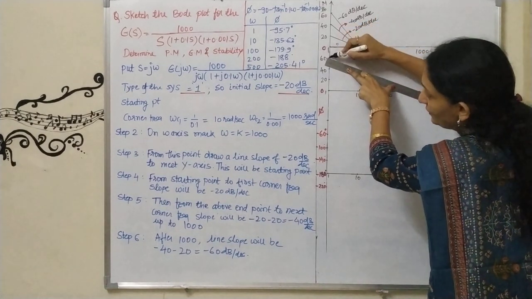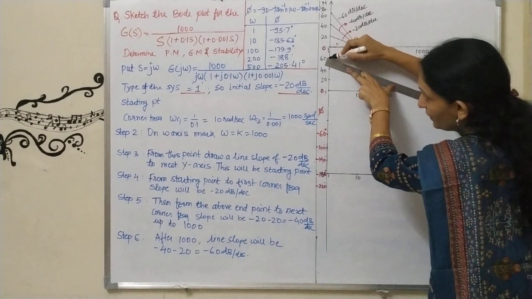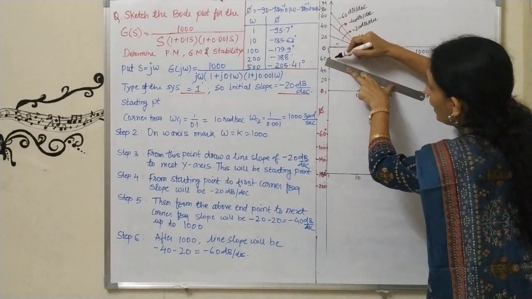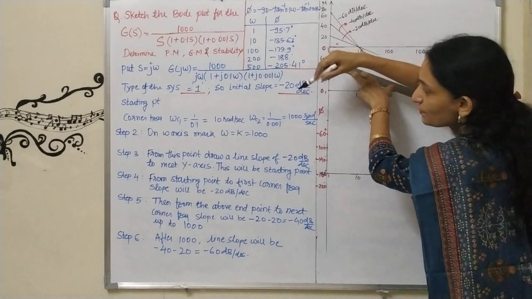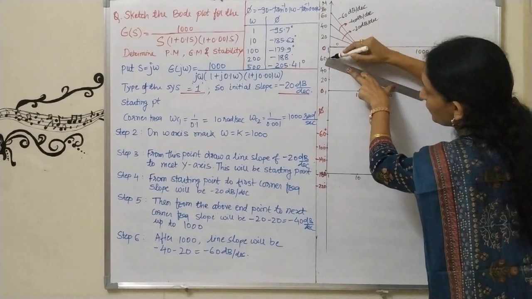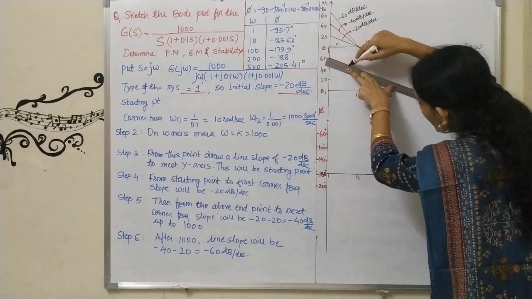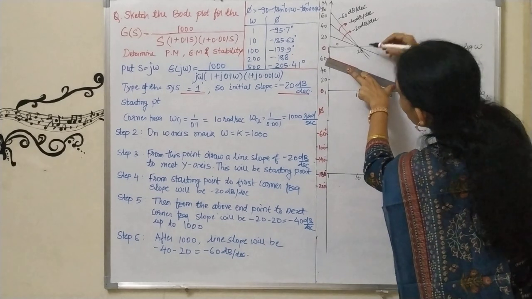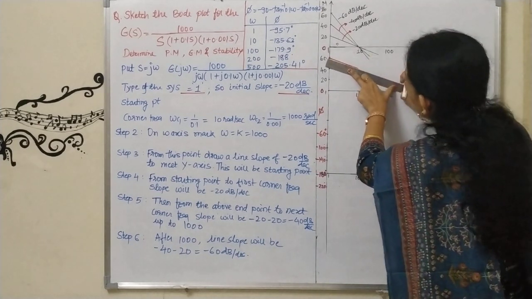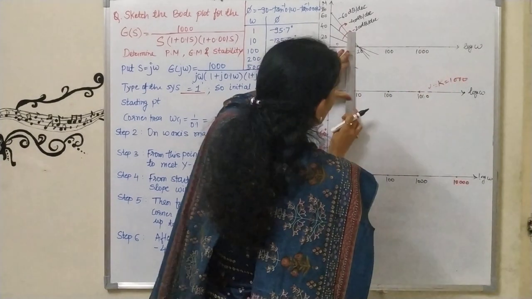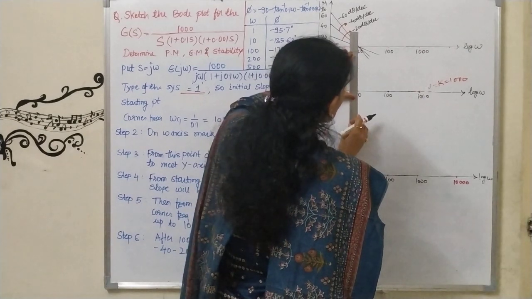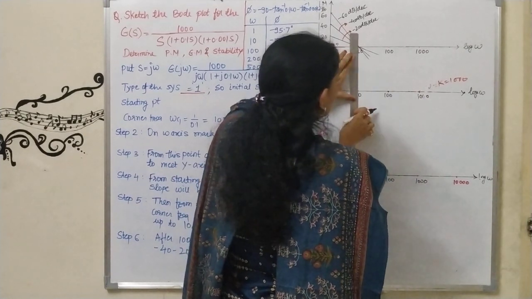I will draw the line from this starting point at 60 dB up to the first corner frequency. So what is my first corner frequency? My first corner frequency is 10. So I will draw the line only up to the first corner frequency. Look at how I have drawn it, and this is the point.